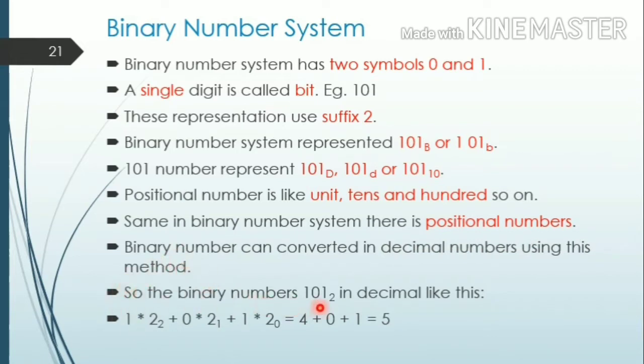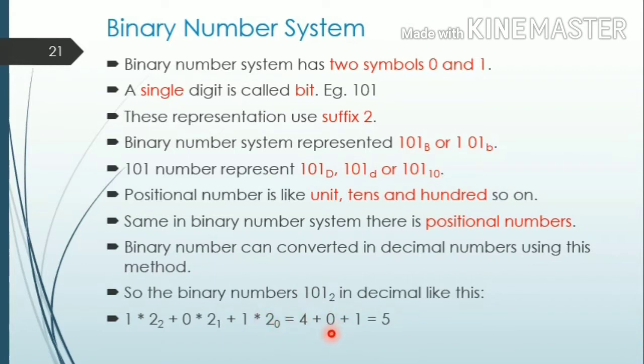So here we will convert 101, base 2. In the decimal number, we take 1, then multiply by 2 because its suffix, the radix, is 2. Then position number 2. Then again we take 0, multiply by 2, and the position number is 1, from right to left. Here the last 1 has radix power 0, and the base is 2.